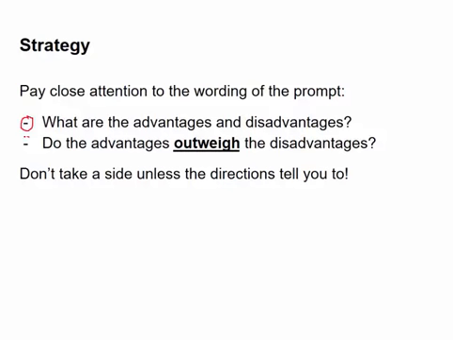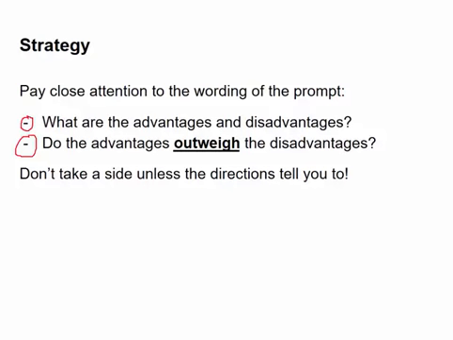However, in the second one, your job is to take a side. You're supposed to say whether the advantages outweigh the disadvantages. So you need to present your opinion in this case about what you think is best for whatever topic is presented to you. Okay, so that's important.